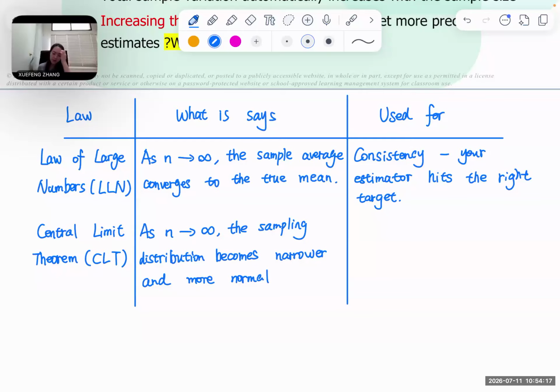This is why you will hear a lot about the normal distribution later.